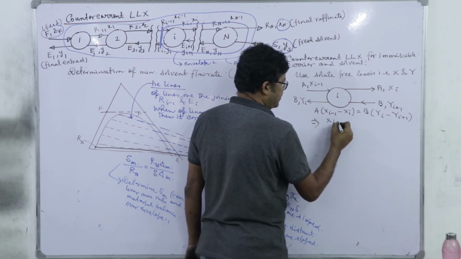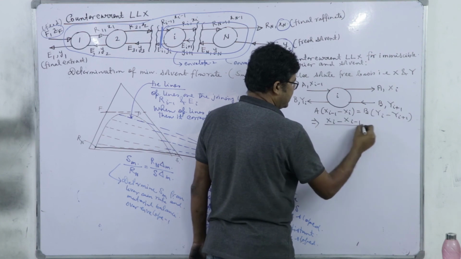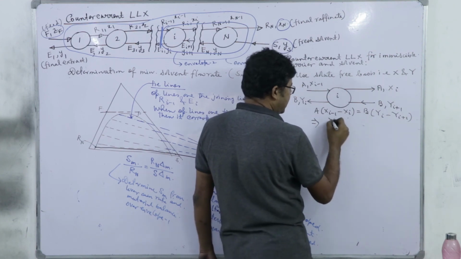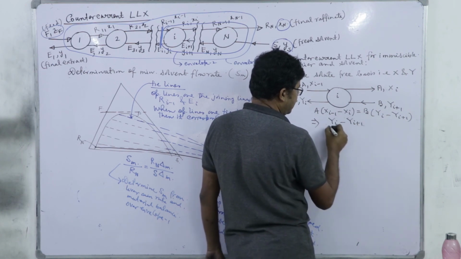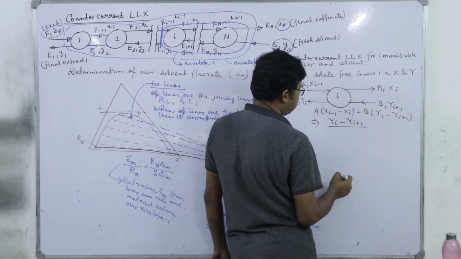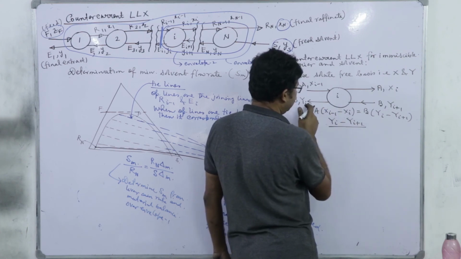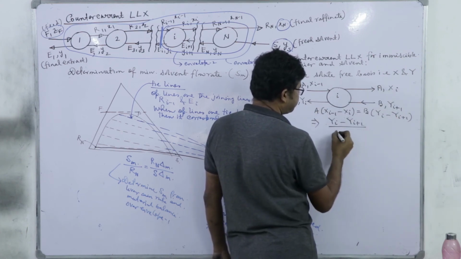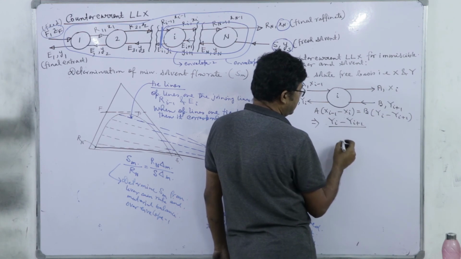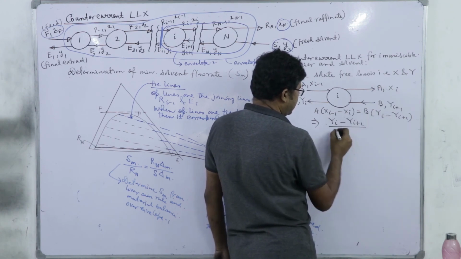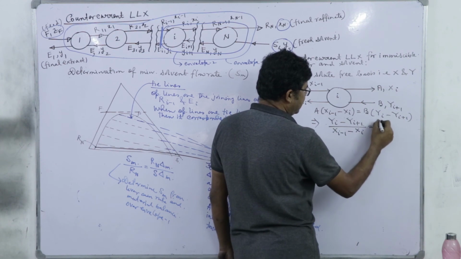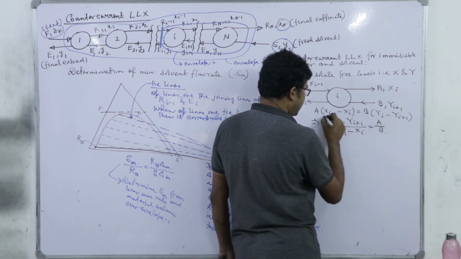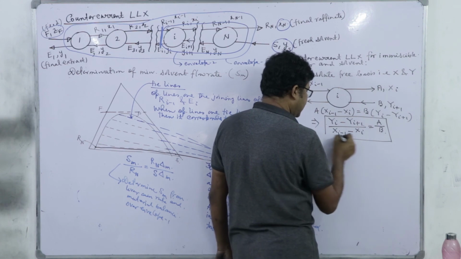So, y i minus y i plus 1 divided by x i minus 1 minus x i, it is equal to A by B, right, and that is the equation of operating line.